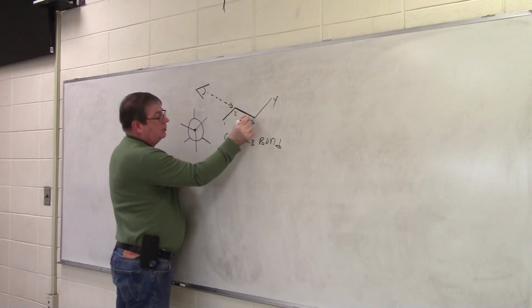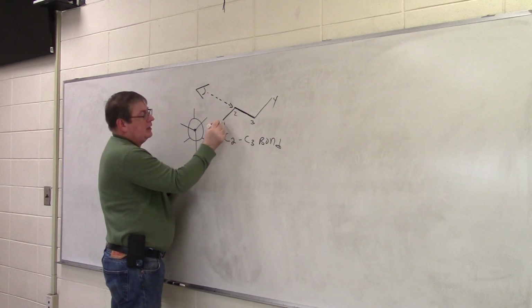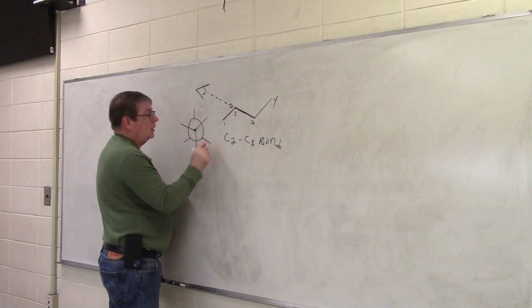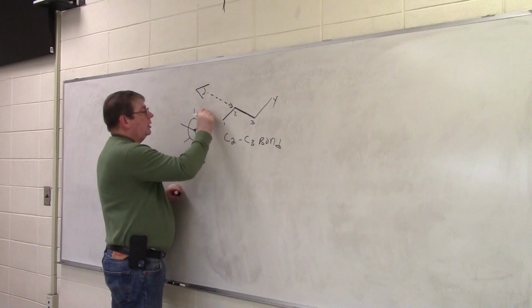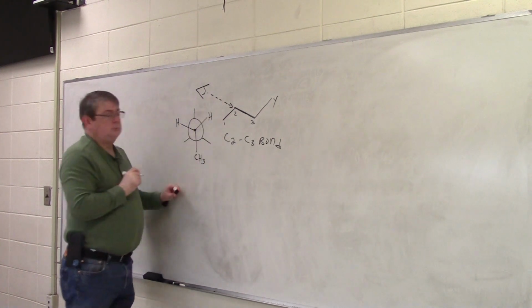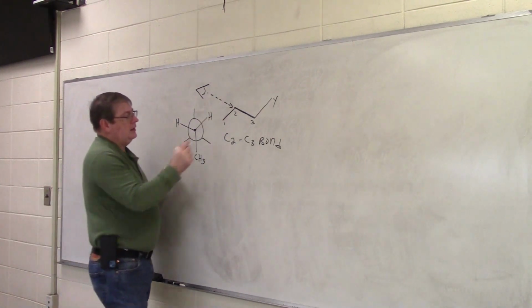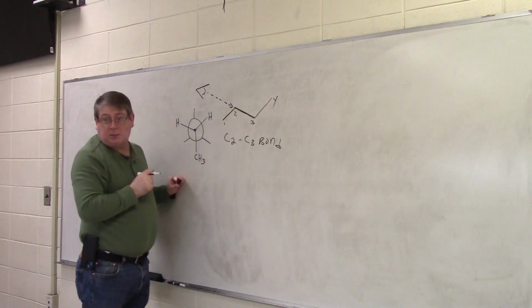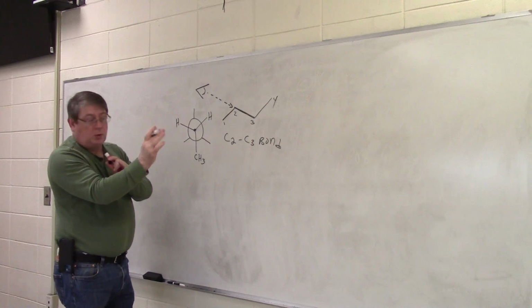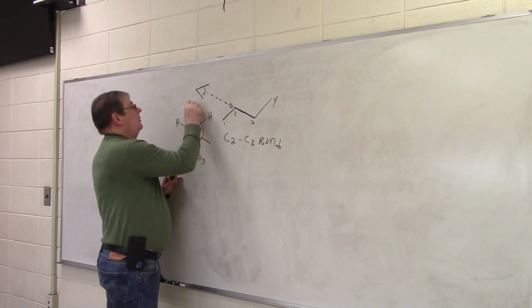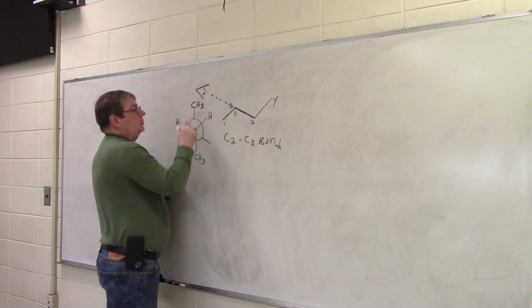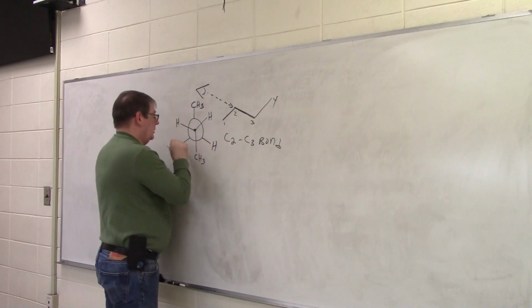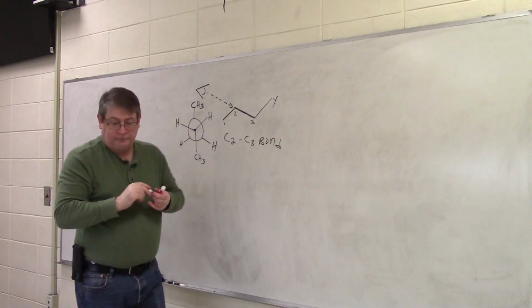Looking down this carbon 2, carbon 3 bond, I see a CH3 pointing straight down, and this carbon has 2 hydrogens on it. Carbon number 1 and carbon number 4 are as far apart as possible, 180 degrees to one another looking down this bond. So the other CH3, carbon number 4, is up, and these 2 hydrogens are down.